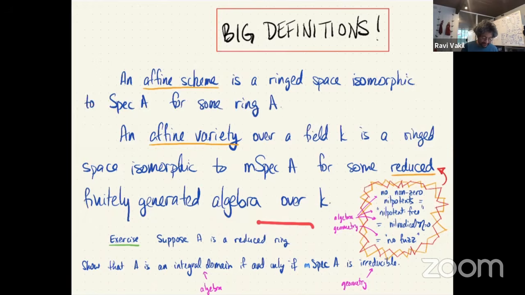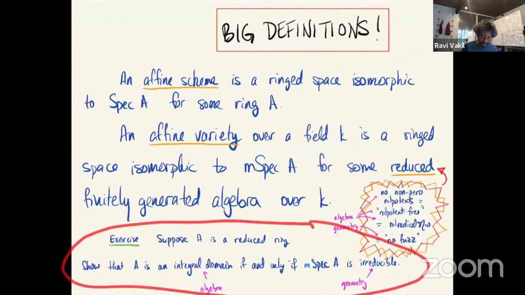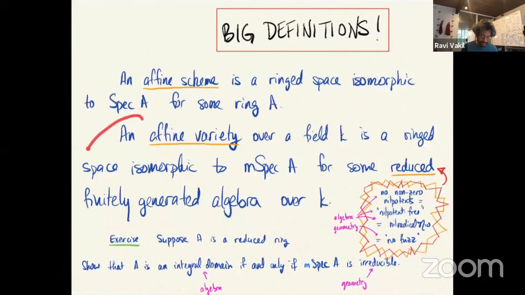And to fit the geometry and the algebra together, here's a question: if A is a reduced ring, it could be your mSpec case if you're thinking about varieties, then a reduced ring means there's no fuzz in our intuitive pictures.